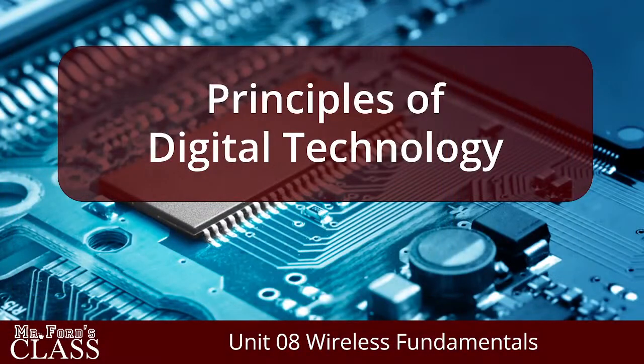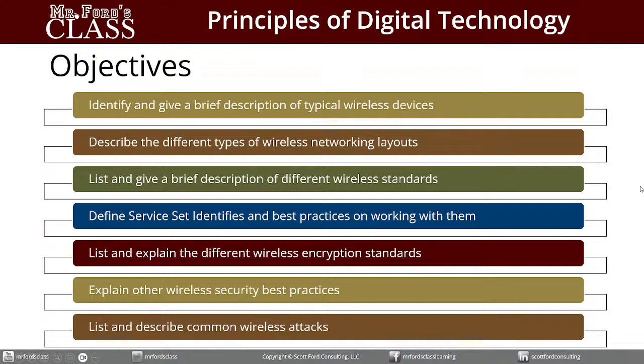Okay, so let's hop into why we're here, which is wireless fundamentals. Now, this is the fundamental stuff geared for ITF Plus certification. So we do leave a lot of stuff unsaid because this is the foundations. We're trying to give you a solid kind of bedrock on which to build down the road. So let's take a look at what our objectives are.